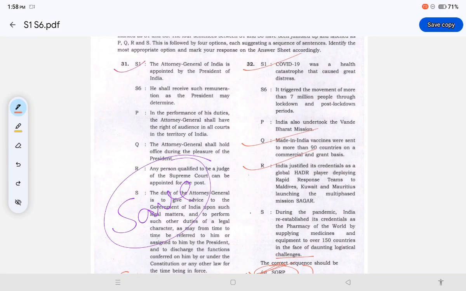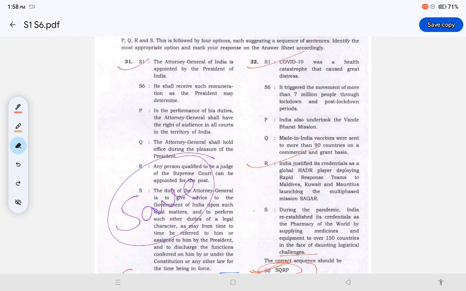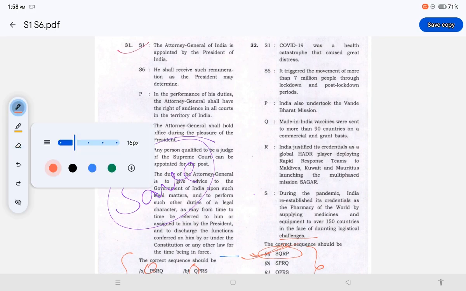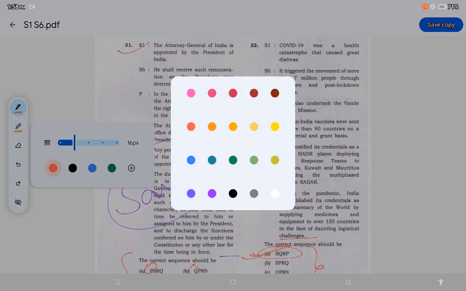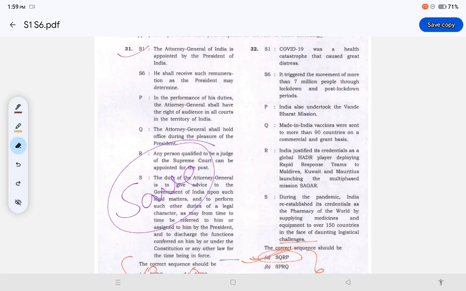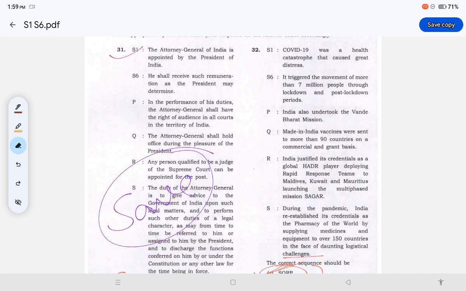Did I just read wrong? Oh yes, I did. I'm so sorry. Please be very careful in your own exam. I'm also telling you because this is very difficult. After S1, I need to see S also. This S and S1, I get so confused with this. After S1, S was supposed to come. I'm so sorry. Moving on.